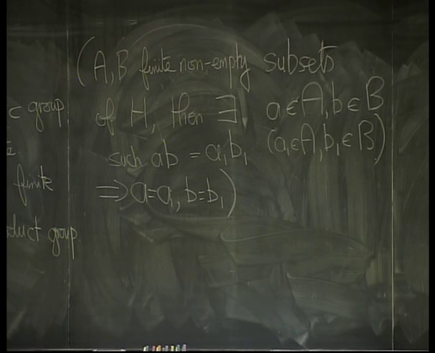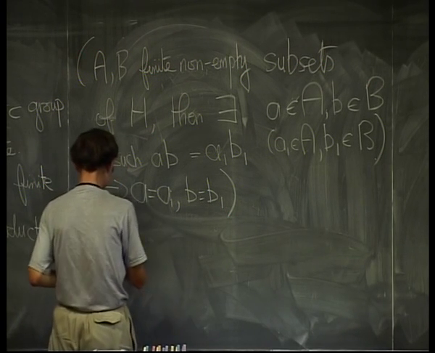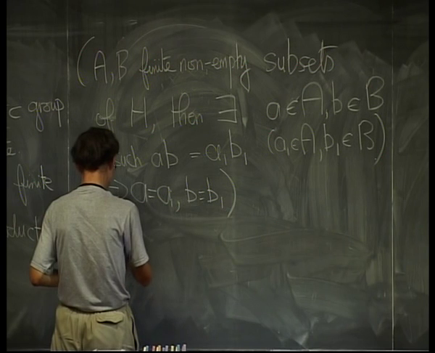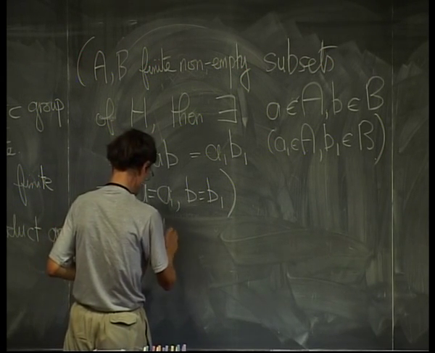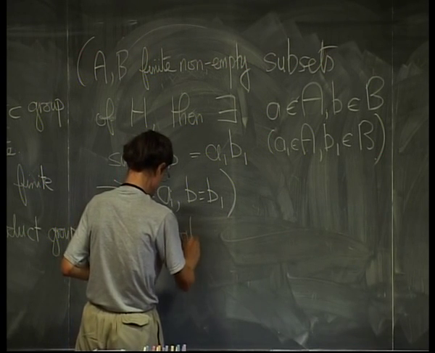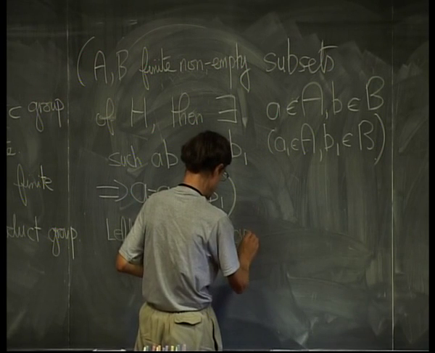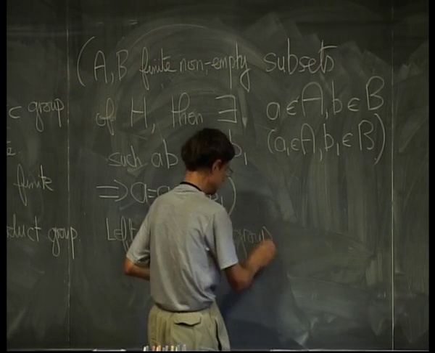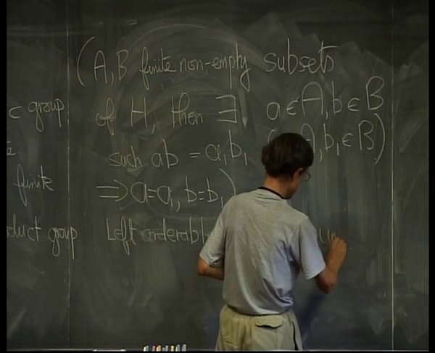So we know that also a left orderable group is a unique product group.